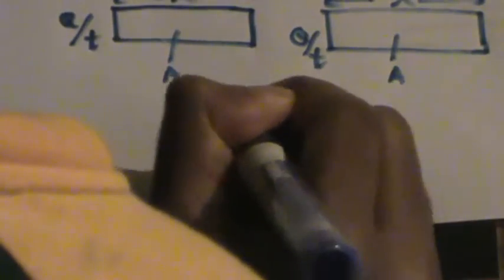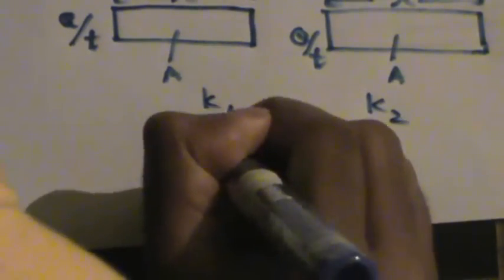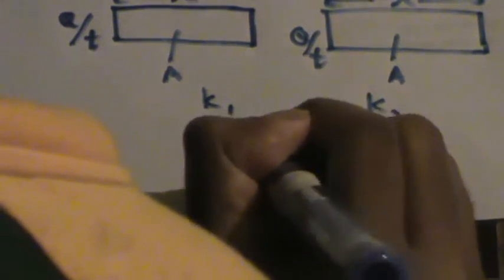L is a constant and A is a constant, but these two rods are made of different materials, so K changes. So K1 is here and K2 I'll take here. The temperature differences here will be delta T1 and delta T2, which will not be equal.